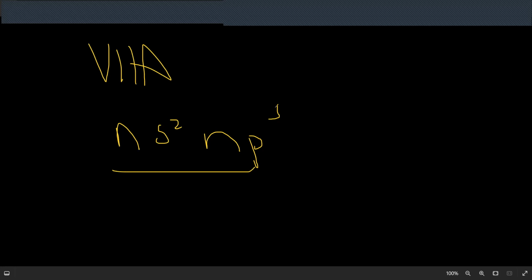Here, we see it is not even half-filled and it is not fulfilled, but it requires one electron to be stable. So it has a high EA, extremely high, because if it takes one electron, it will be stable. And that's the goal of all the electrons. Now let's talk about the variation of electron affinity in the periodic table.